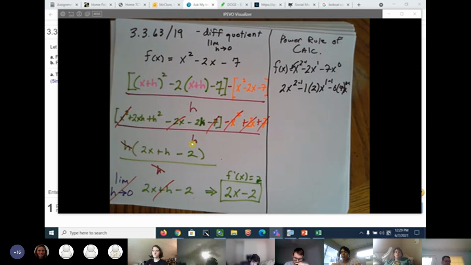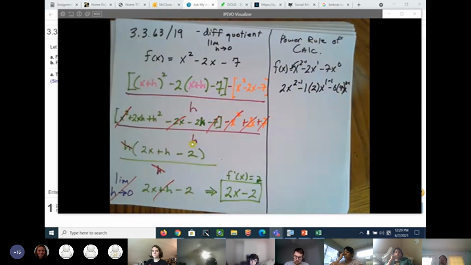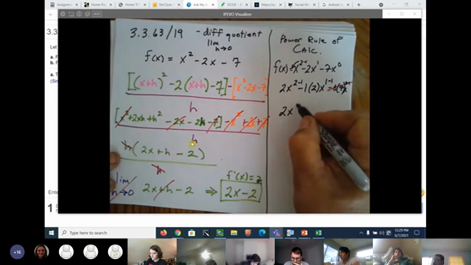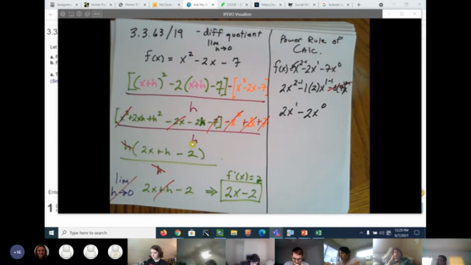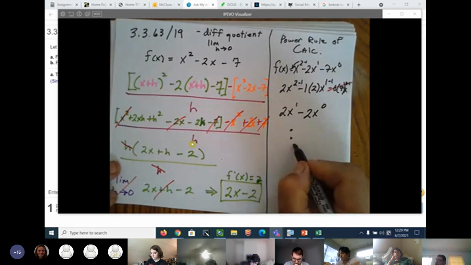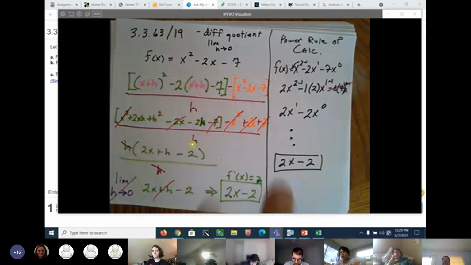And you notice that the last one, since 7 is a constant, it does what? It goes out. And that's going to leave us with 2x to the first minus 2x to the 0, which is 2x minus 2. That is what I'm going to test you on.